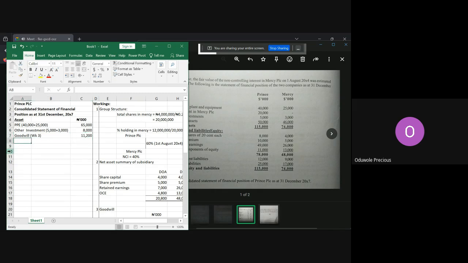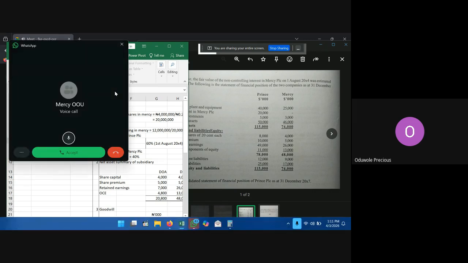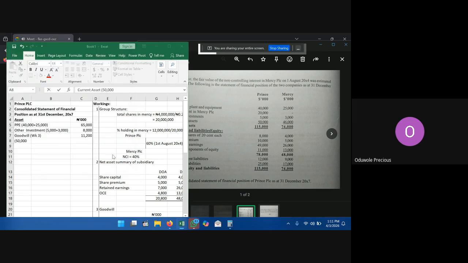After goodwill, we can now do our current assets. Current assets, which is 50 plus 46. Sorry about this.